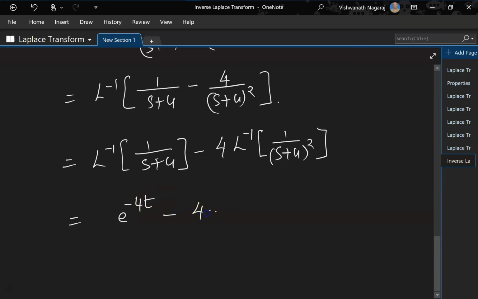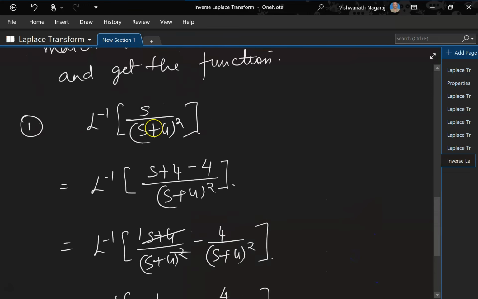Minus 4 times, now here 1 by s plus 4 square, this is t times e to the power of minus 4t. Now if you want to check whether it is correct or not, figure out the Laplace transform of these. You should end up with s by s plus 4 square itself.